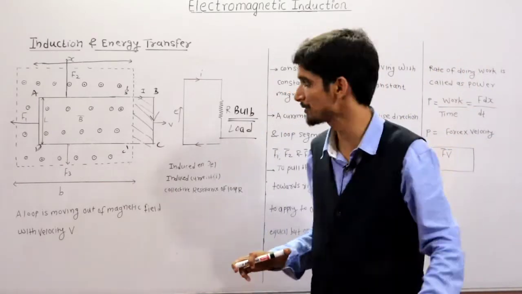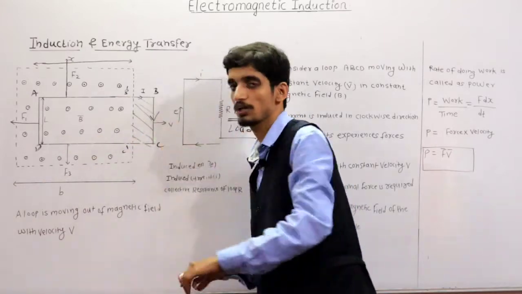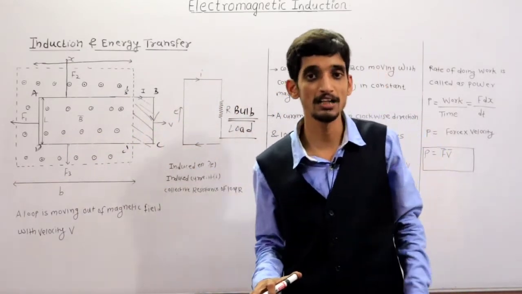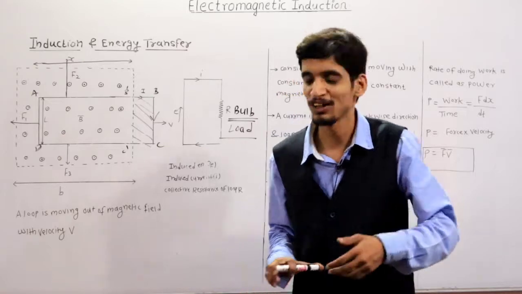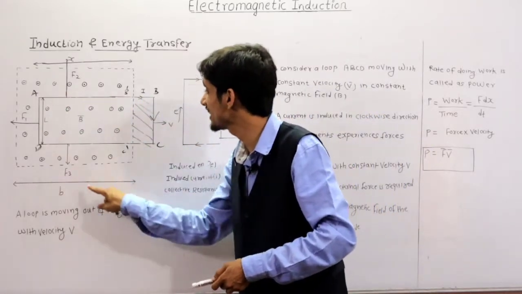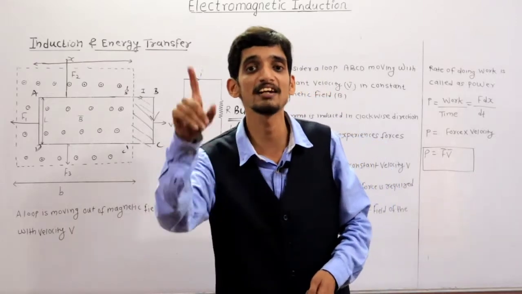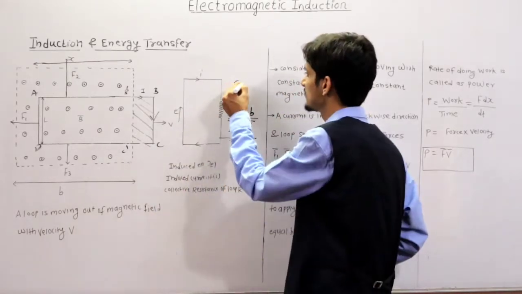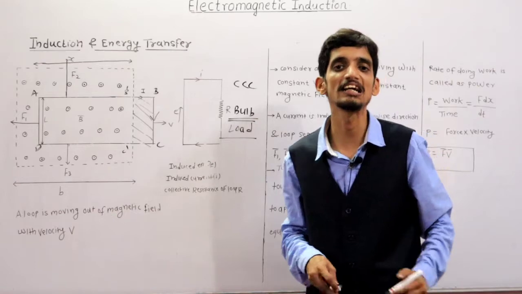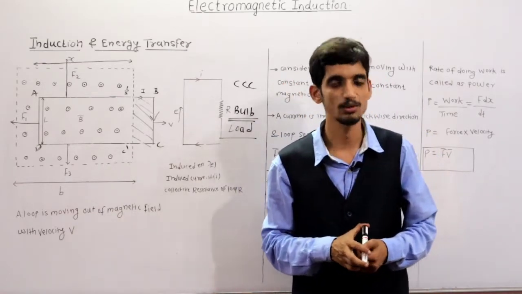Due to that induced EMF, this is a closed loop, so current is induced, and due to that induced current, these four segments AB, BC, CD, AD act as current carrying conductors, that is CCC, current carrying conductors. Clear? Okay.